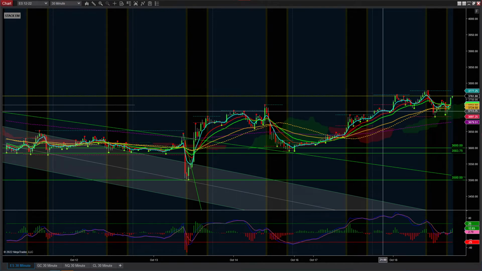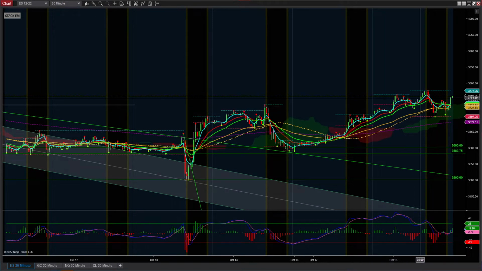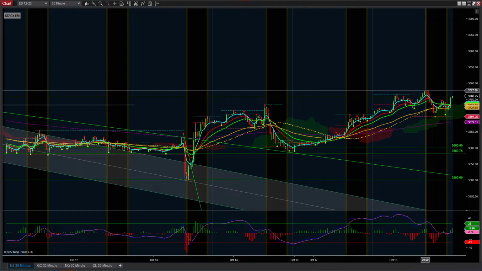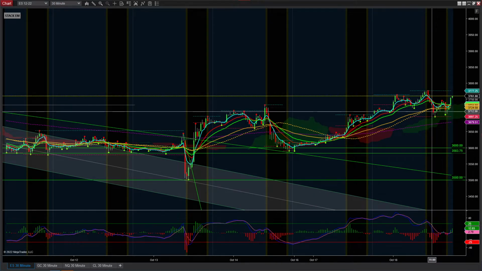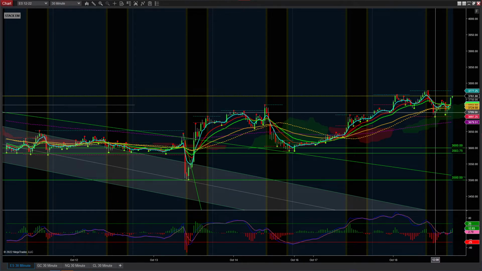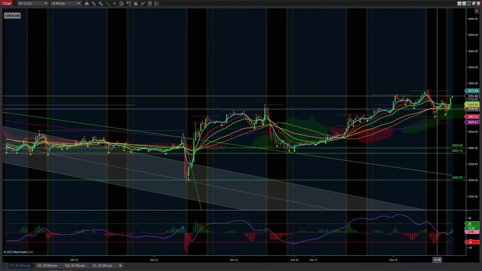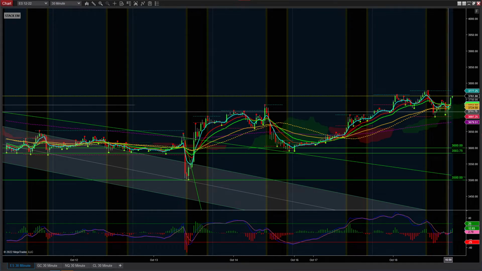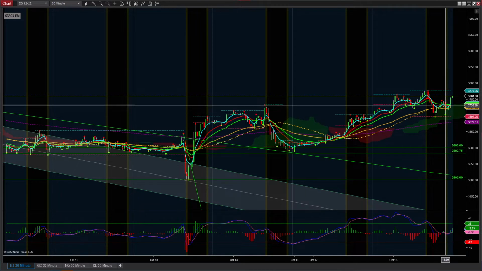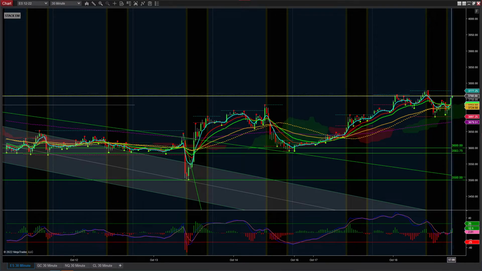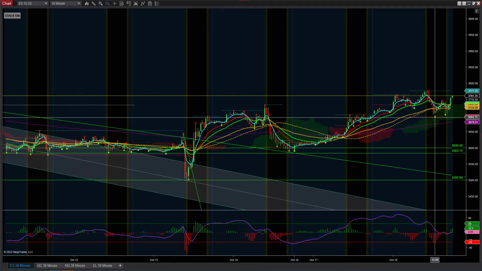Overnight, the price action was to the upside, closed higher on the day, and then came back down. So you have a retracement to the moving averages, and then it crossed the 50 and started to move up and then down. There's a higher low here, a similar bottom but a higher low.